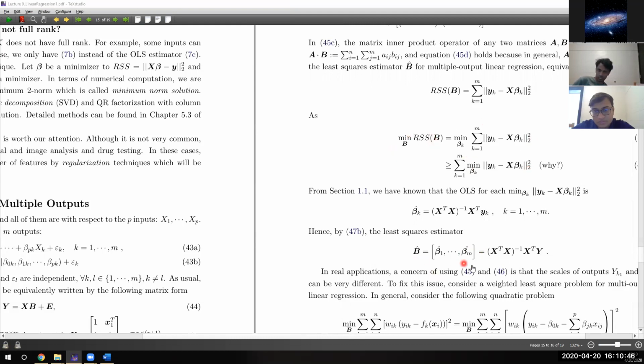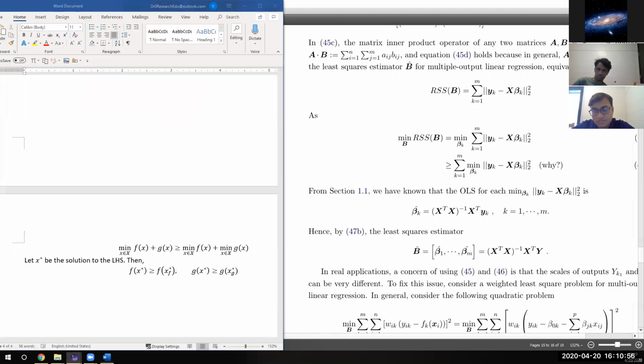And this solution itself is also feasible. This tells you this solution is the minimum solution, the minimizer. Get a point? The logic is this.